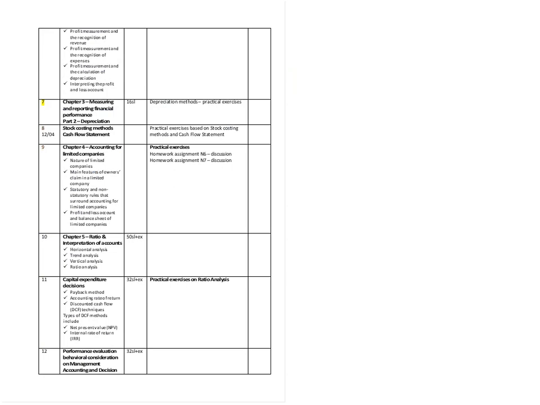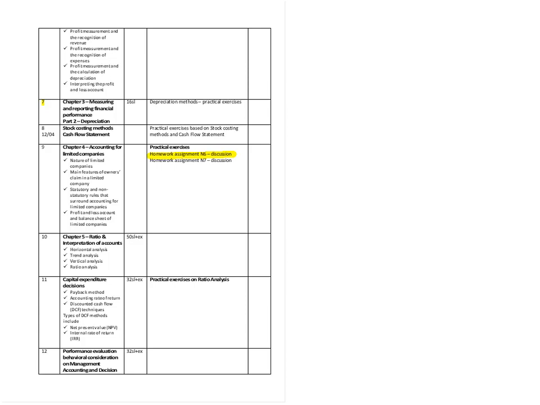And in class number 8 today, we are going to study the stock costing methods and the cash flow statement. As well, we have some practical exercises if you have time. And the next class would be based on practical exercises on homework assignment number 6. We'll have a discussion on it.